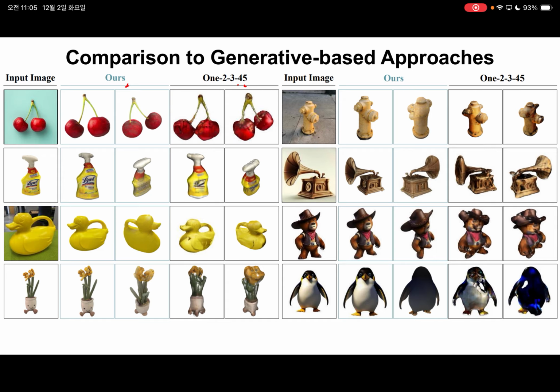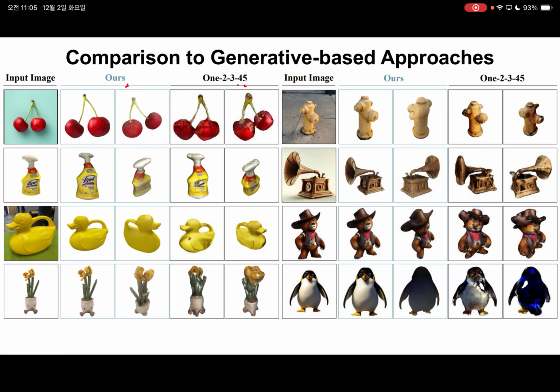But as you can see, the backside of the object, the texture of the invisible surface, is actually not very good. You can see this kind of blurry texture. You can see also here, the visible surface and texture are very good, but the invisible occluded surface texture is very blurry. But you can see that the objects mainly consist of images without very complicated textures on the backside.